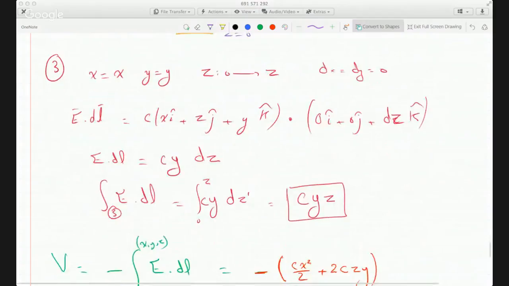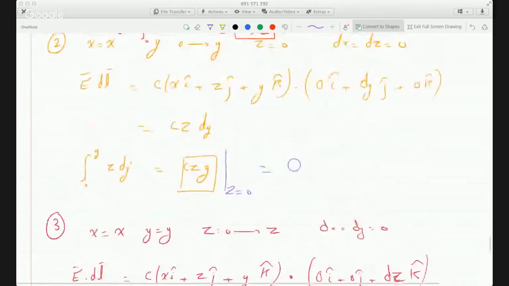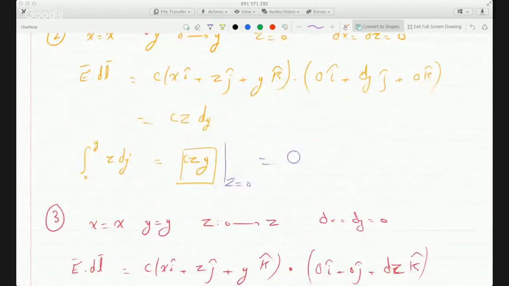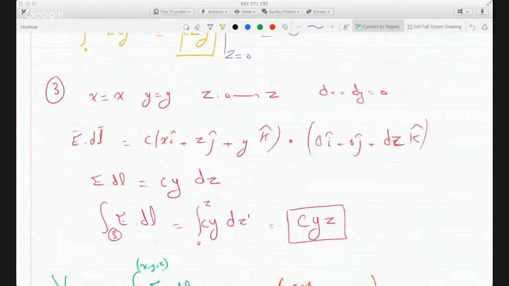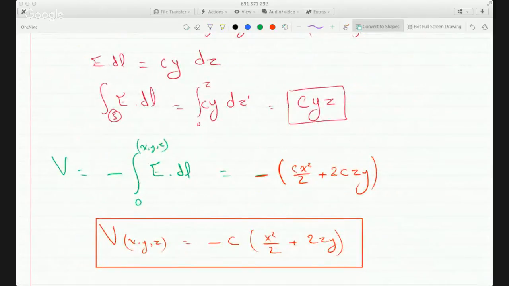Let's see, on path number 2, no, path number 2 is correct. Path number 3 and path number 1 are also correct. Okay, so it's just path number 2 that is 0. Okay, makes sense.